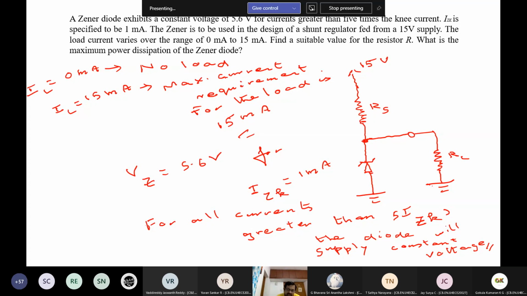Which means, to get to 5.6 volt, what should be the current?